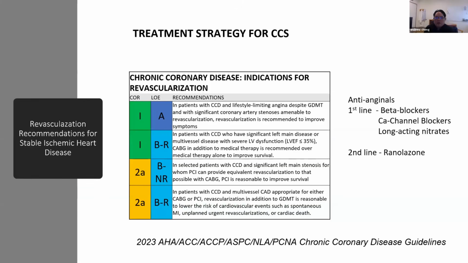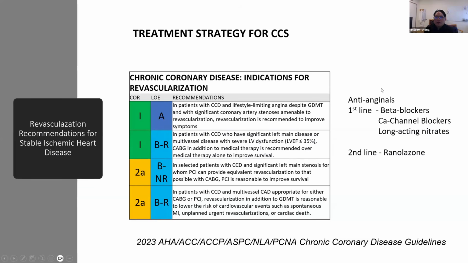So this is just kind of rehashing the guidelines again. There's a class 1 indication to revascularize a patient if they have a low EF and multivessel disease. And really, the recommendation is CABG. Or if they're having angina that's life limiting despite being on goal directed medical therapy.